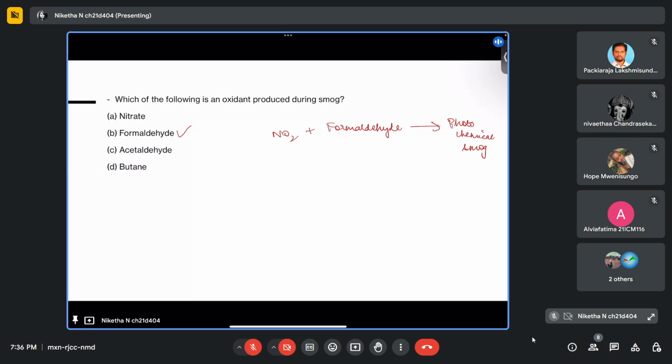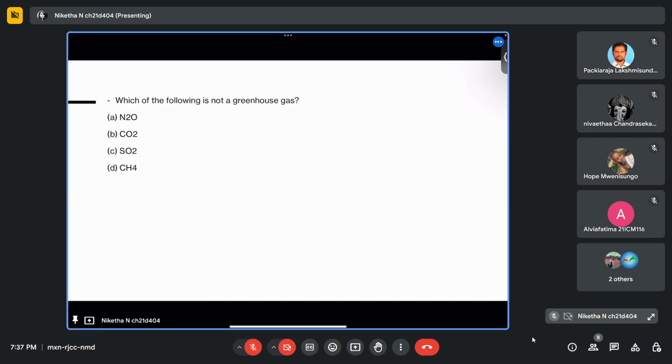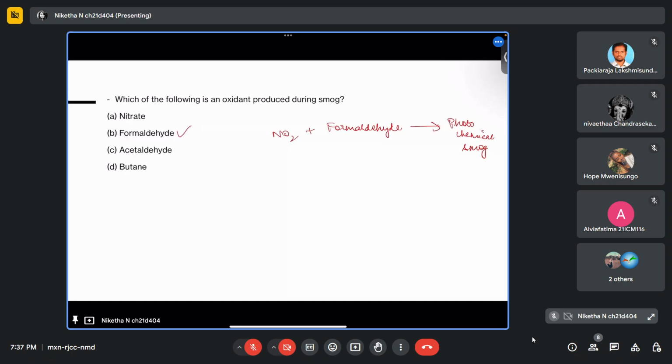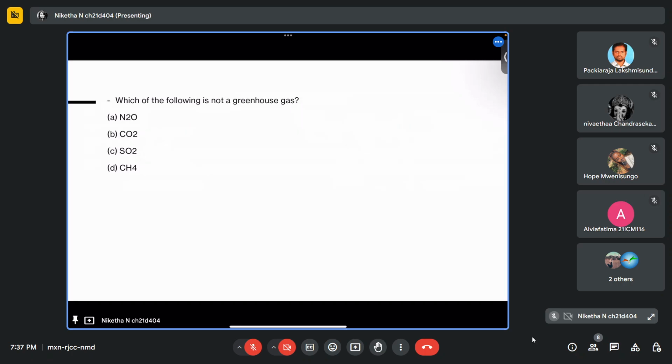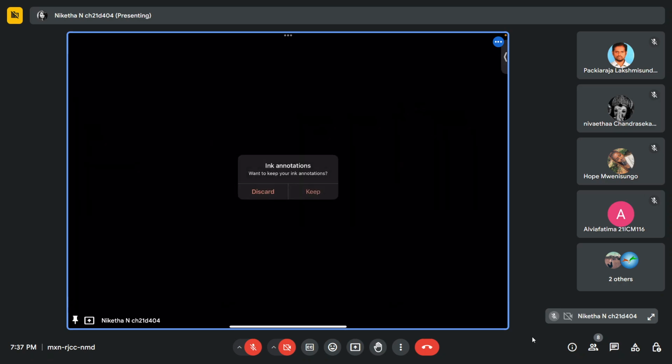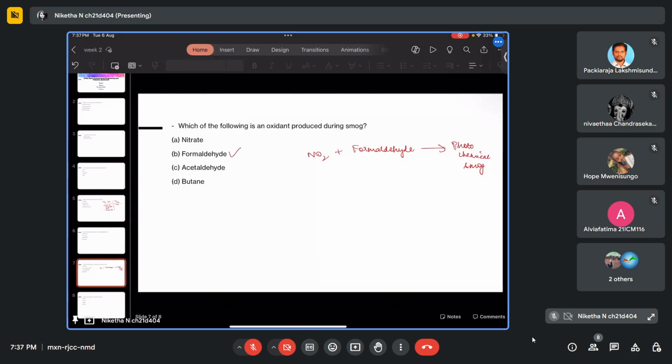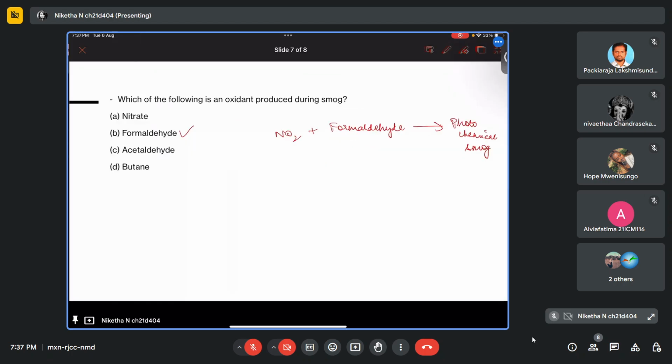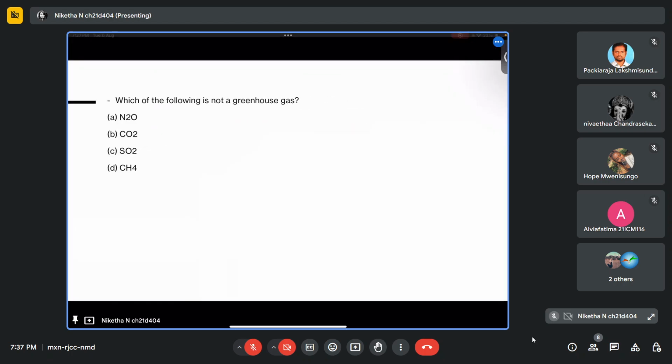So, which of the following is not a greenhouse gas? Nitrous oxide, carbon dioxide, sulfur dioxide, methane. So we were just discussing the greenhouse effect.